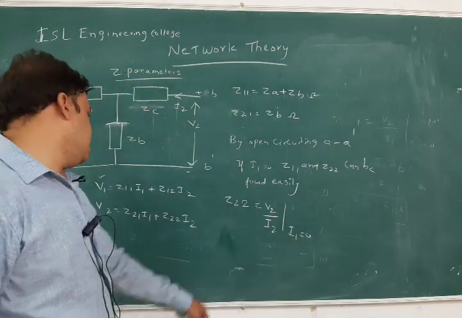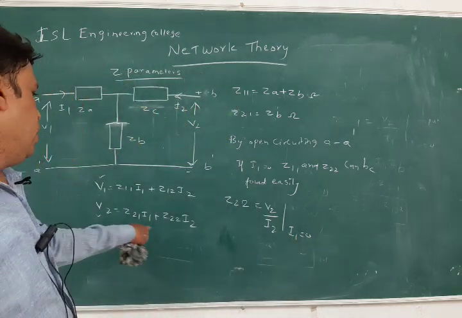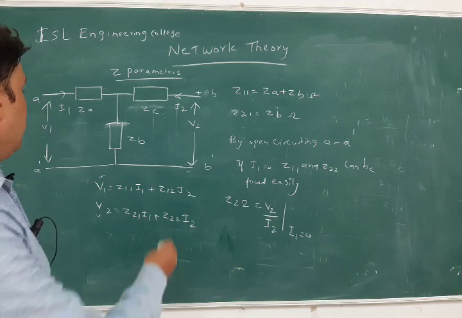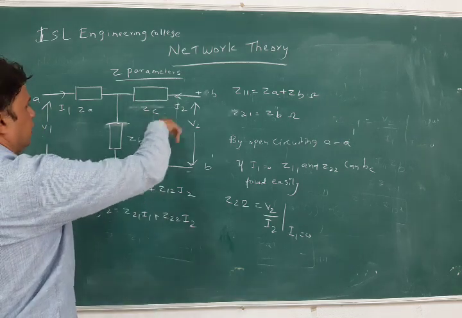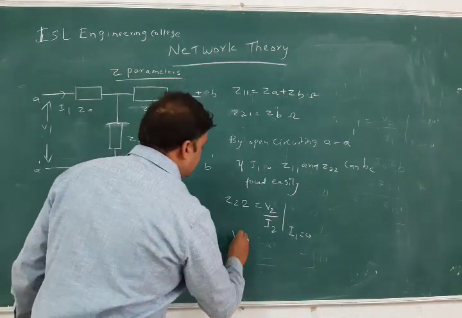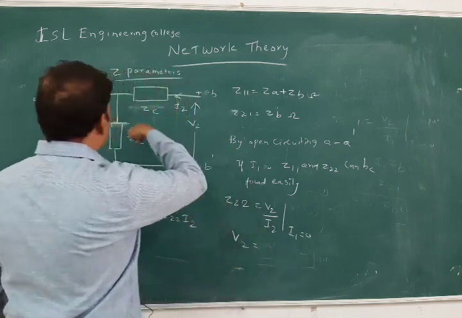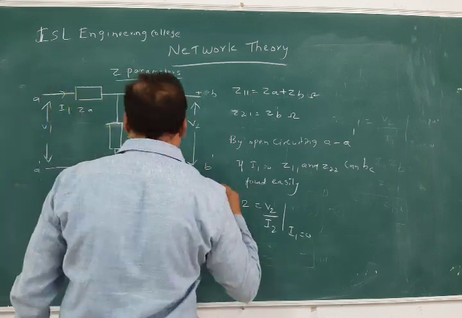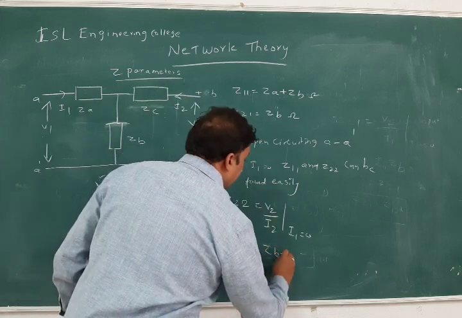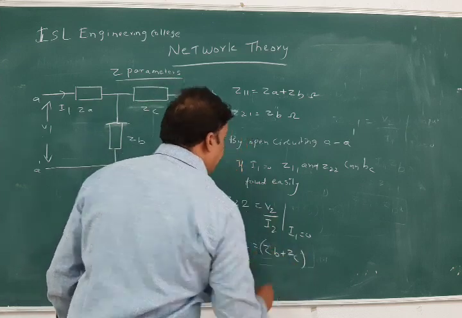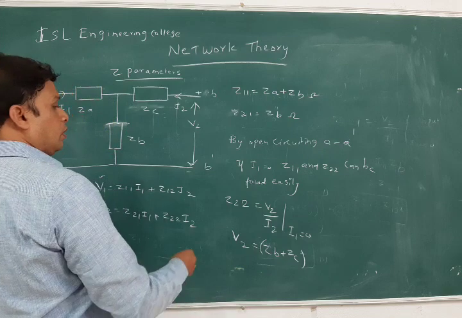Now if you observe here, it is only this circuit. You can write V2 is equal to ZB plus ZC into I2.